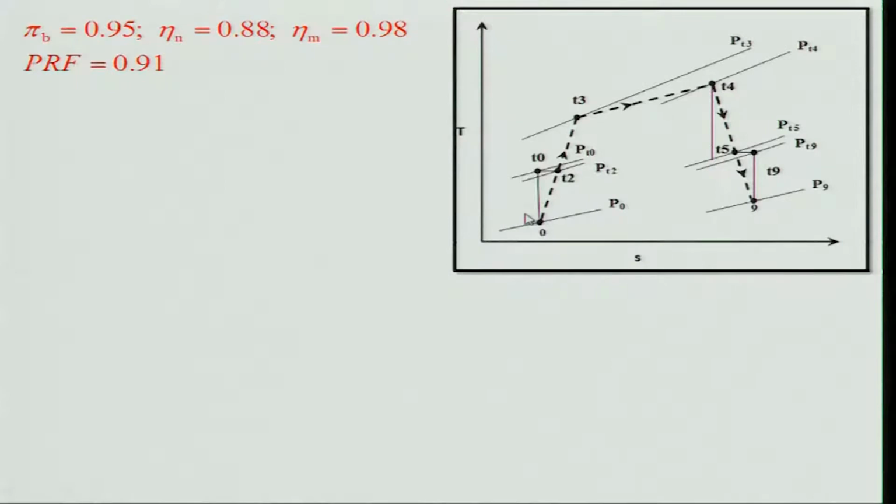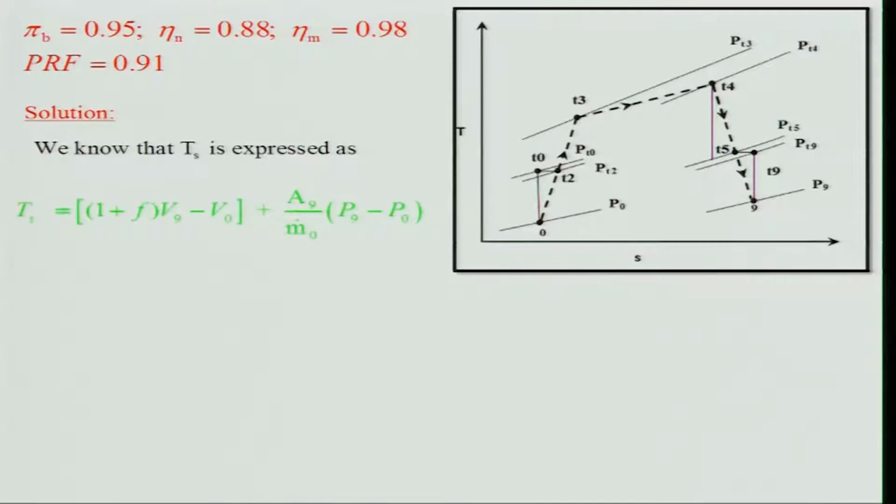If you look at the TS diagram I have just shown, station 0 to 2 is your air intake, and 2 to 3 is your compressor, and station 3 to 4 is your combustion chamber, and then 4 to 5 is your expansion in the turbine. It can be considered both low pressure turbine and high pressure turbine, and 5 to 9 is your nozzle, right.